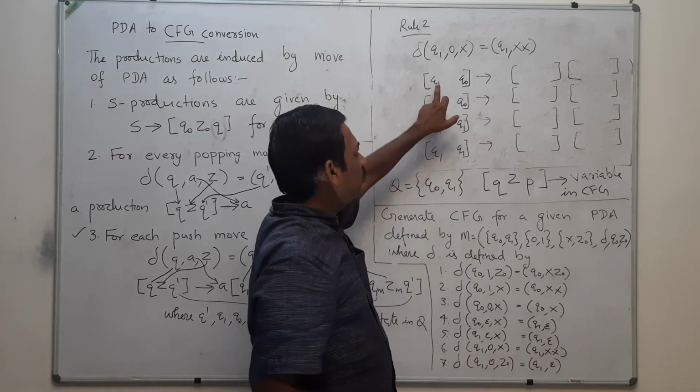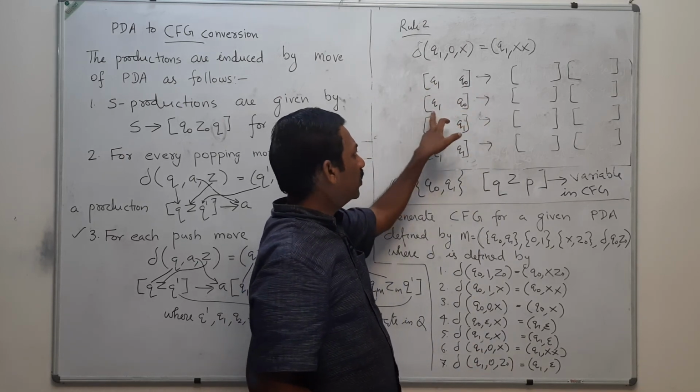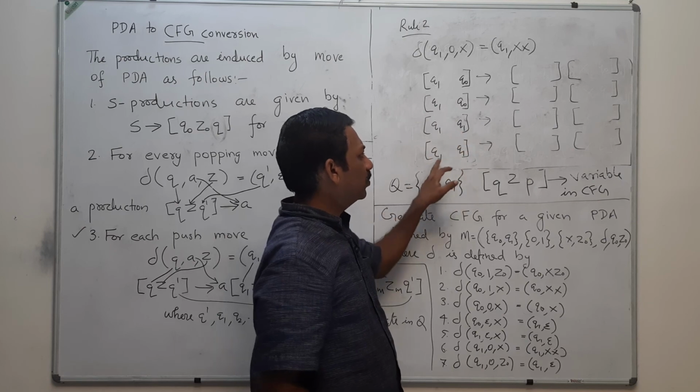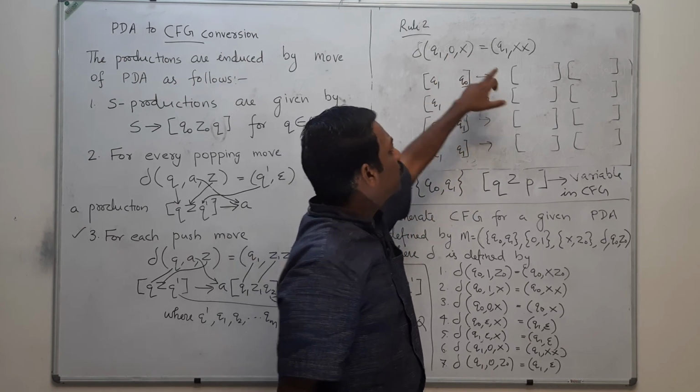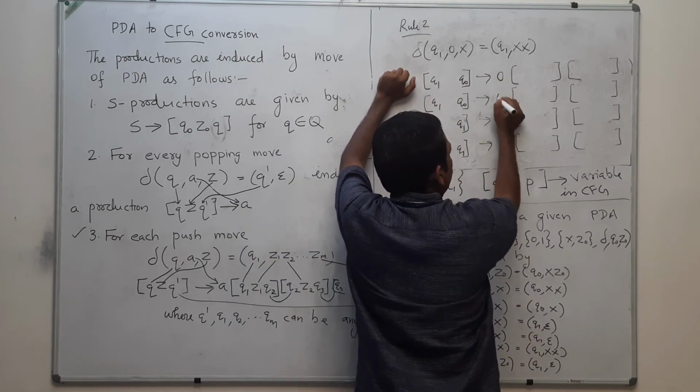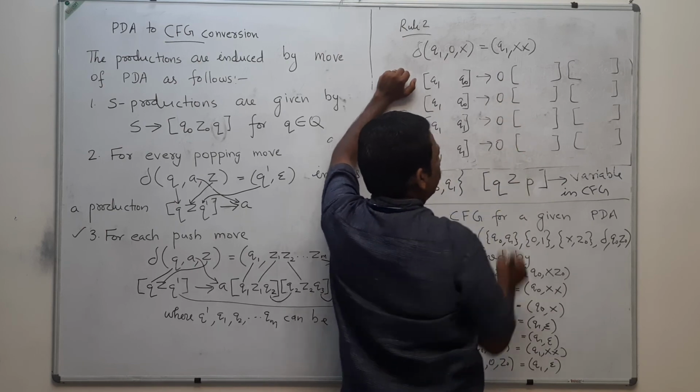You have to start from Q1 and reach Q0, Q1 to Q0, Q1 to Q1. Now this 0 has to be copied to this place, 0, 0, 0, 0.